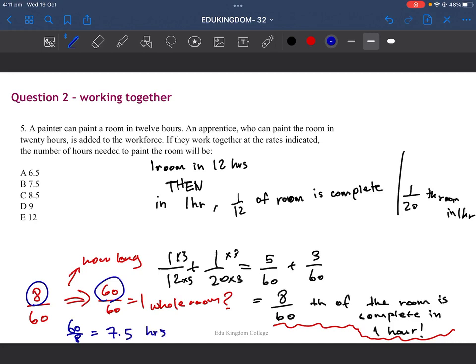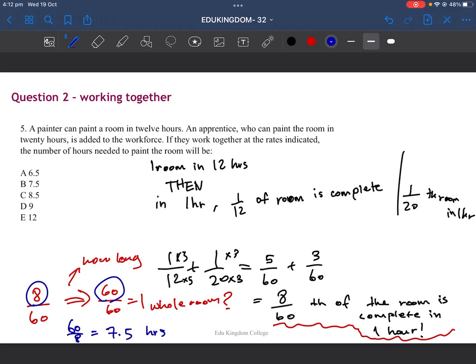And that's the answer. So, again, let me take you through the steps. Since one room is done in 12 hours for the painter, then in 1 hour, only 1/12 of the room is complete. Similarly, the apprentice takes 20 hours for one room, so only 1/20th of the room is complete in 1 hour. The reason that we do this is so that we have a common ground as to how much each person works in 1 hour, so we can add those two.